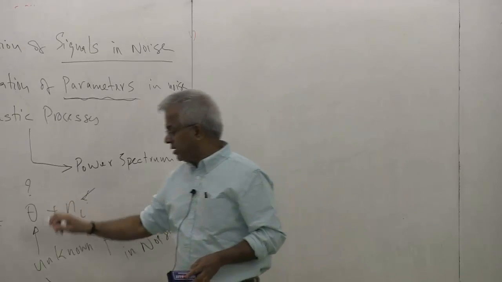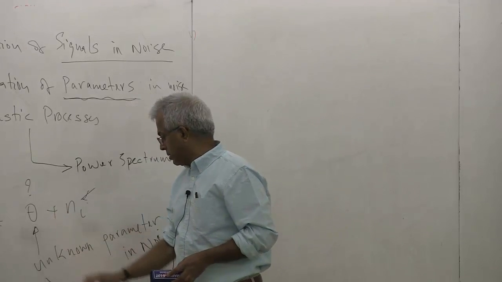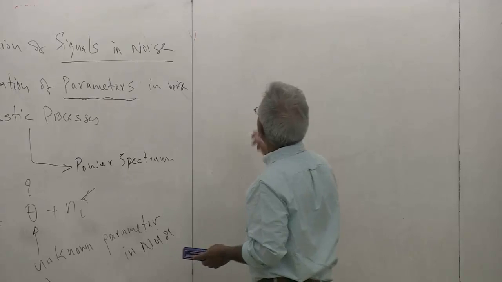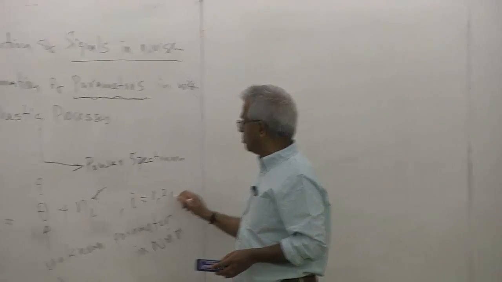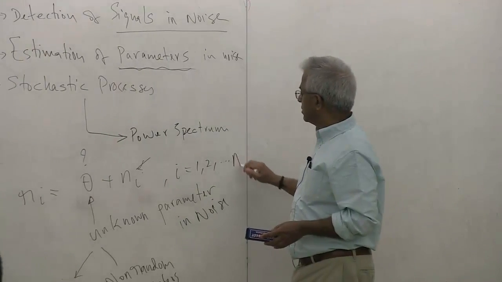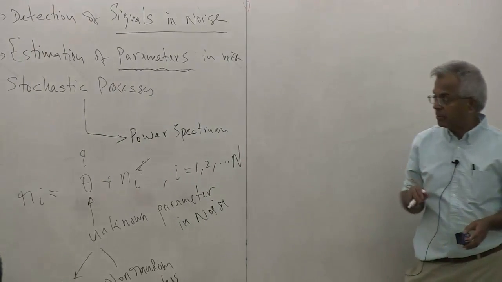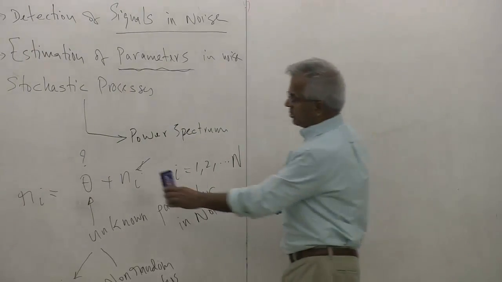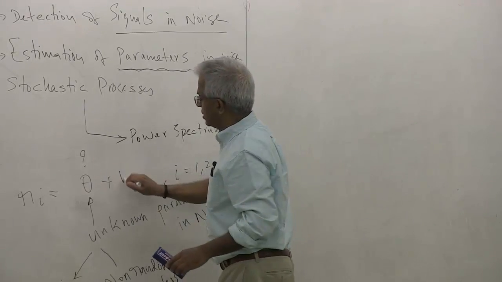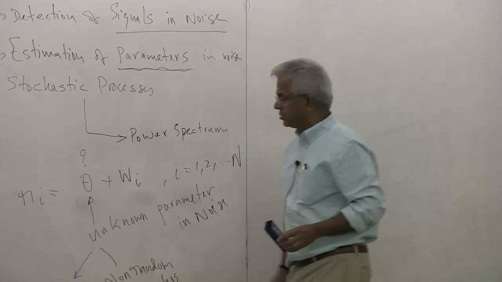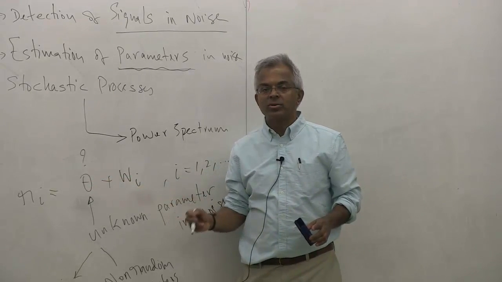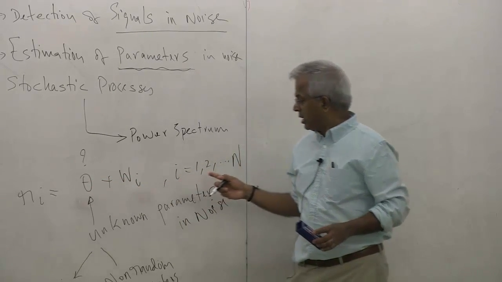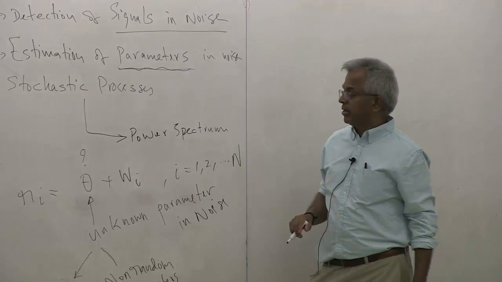So this theta could be a random parameter or a non-random parameter. Generally the problem is that you make a few observations. In this case, let's say I have N observations, capital N. Maybe let me change this over to W. It doesn't matter. W also is for noise. So signal plus noise, or a parameter plus noise, so it's corrupted by noise and you have such N observations.